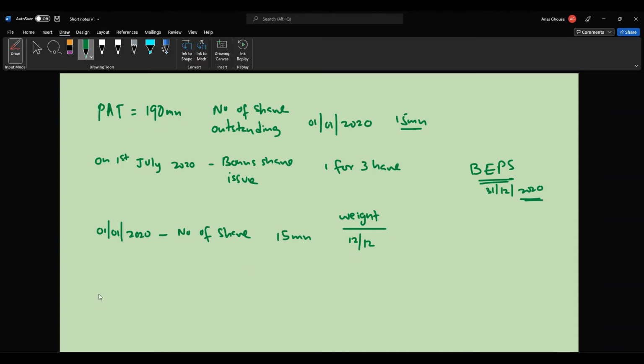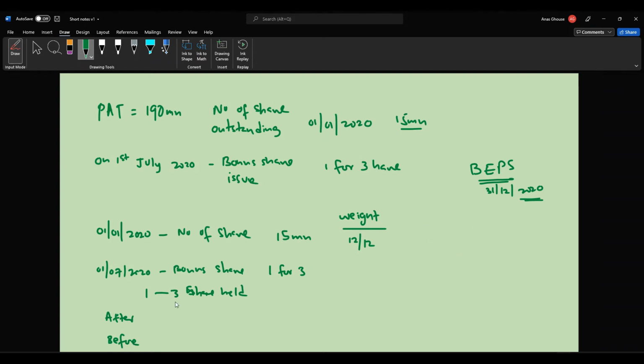Then on 1st July 2020, there's a bonus share, 1 for 3, which means one bonus share for every 3 shares held. So we need to calculate a multiplier to arrive at the weighted average number of shares.